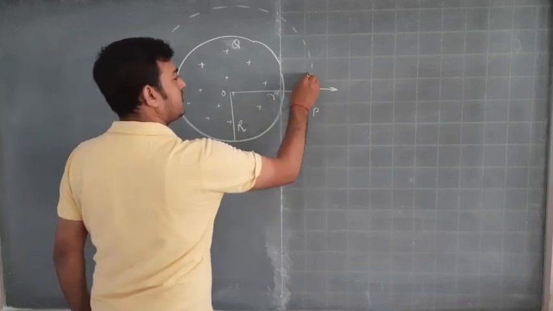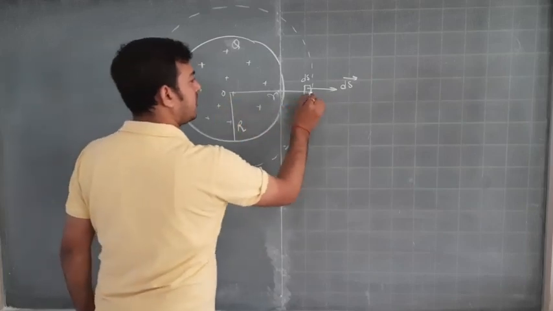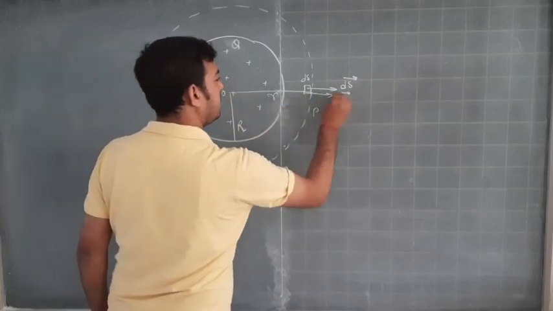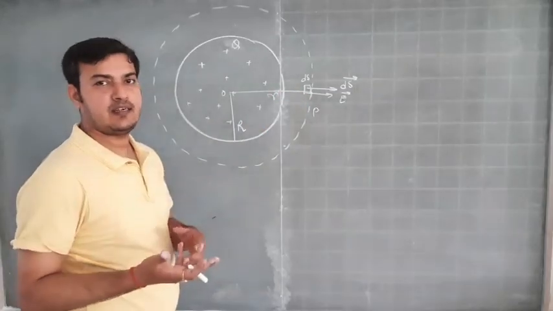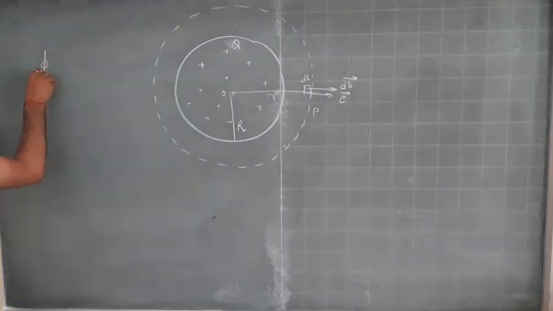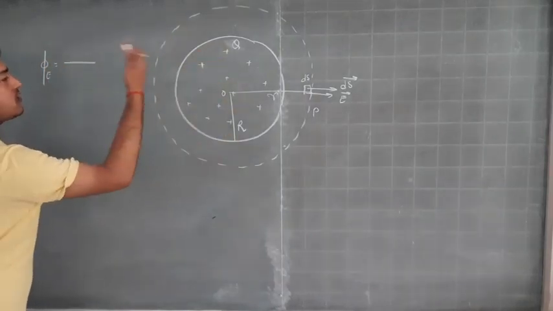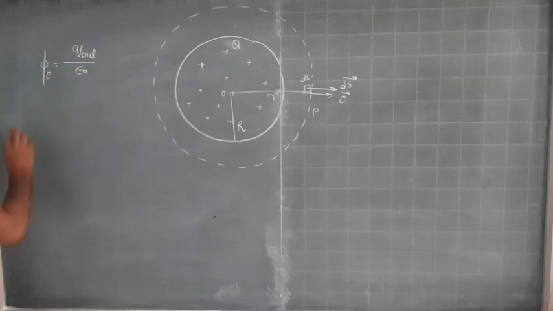This area is ds, so the area vector is normally outwards. For the positive charge, the electric field will also be normally outwards, and these two, the electric vector and the area vector, are in the same direction. So I am going to apply Gauss theorem here, which states that the net flux through this Gaussian surface must be equal to the charge enclosed divided by epsilon naught.